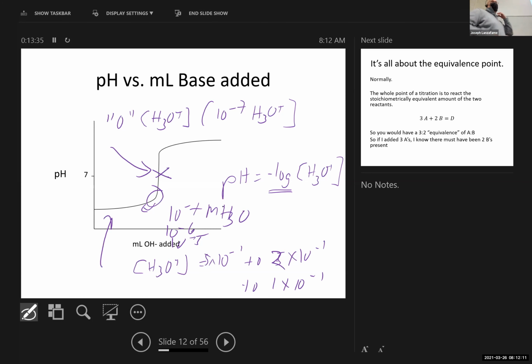If I'm titrating an acid with a base, I'm going to get a somewhat gradual change initially when I have a lot of acid. I'm going to get a gradual change at the end because now I have a lot of extra base that I've added. So a little bit more doesn't change the pH very much, but I'm going to get a very rapid change when I'm near the endpoint.